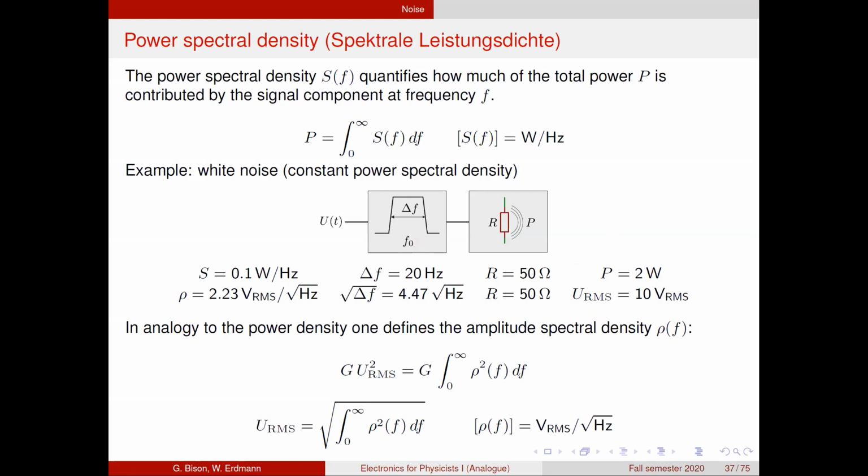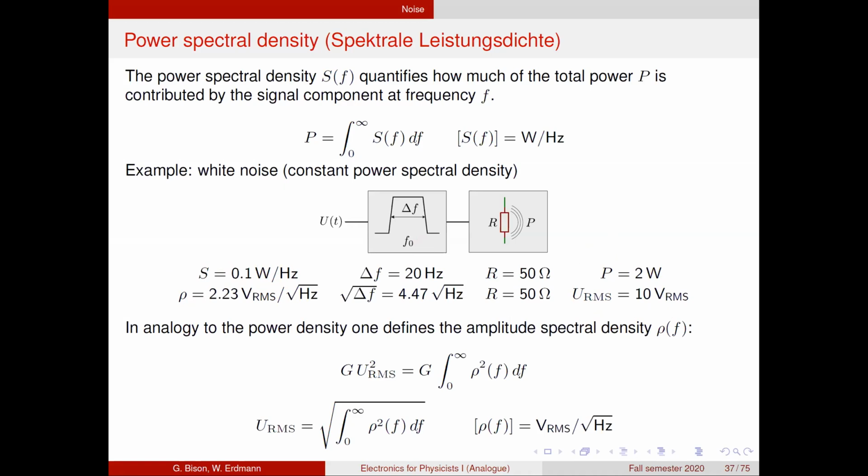So let's recap what we did last lecture. We talked about noise and how to quantify it, and we came to the power spectral density with units of watts per hertz, which is a fundamental representation of noise in electrical circuits, but it's not very handy to work with power. In electrical circuits, it's much easier to measure a voltage level.